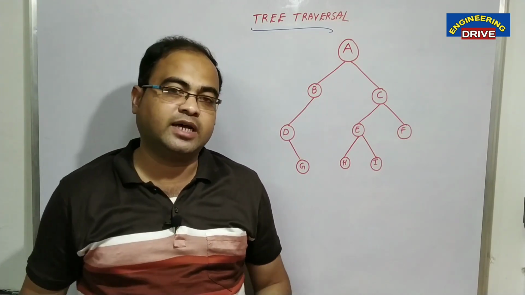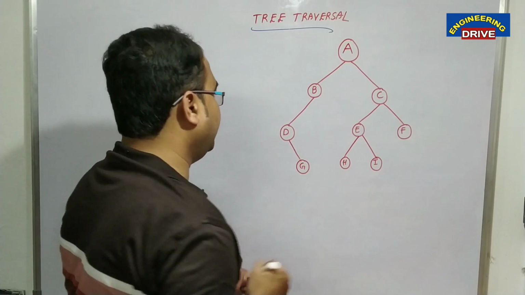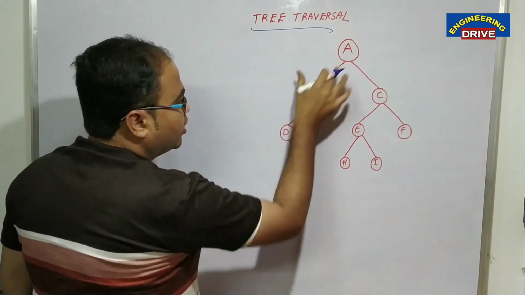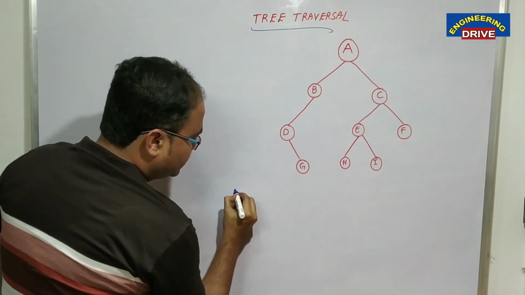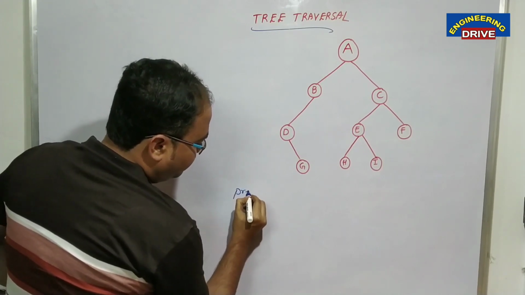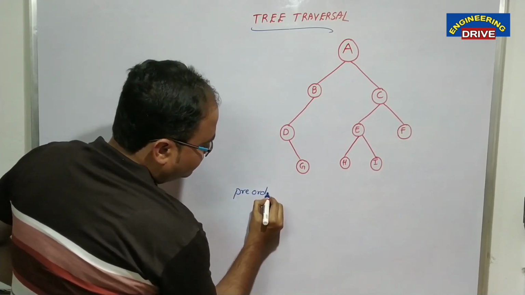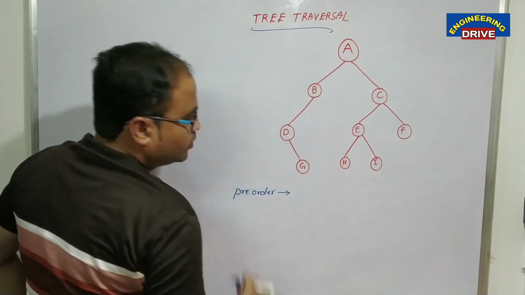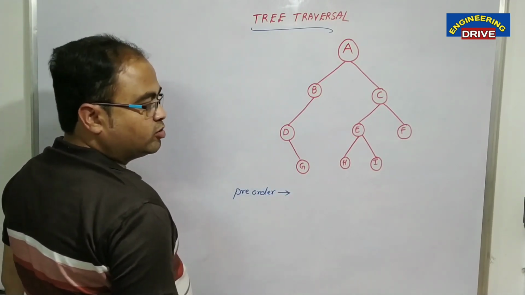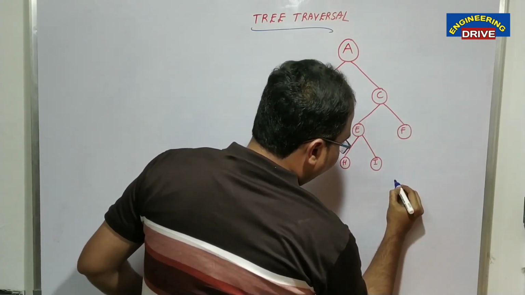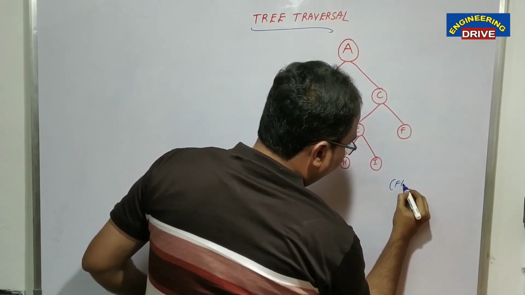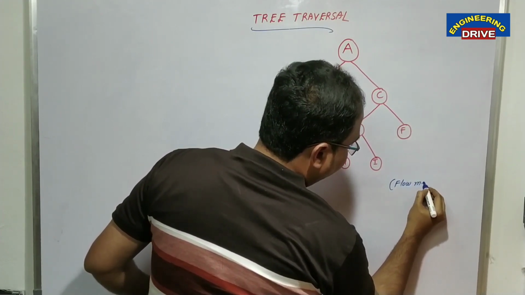Let us say I want to find first the pre-order of this given binary tree. There is one method to find the pre-order. We call this method the flow method. This is the shortcut method.